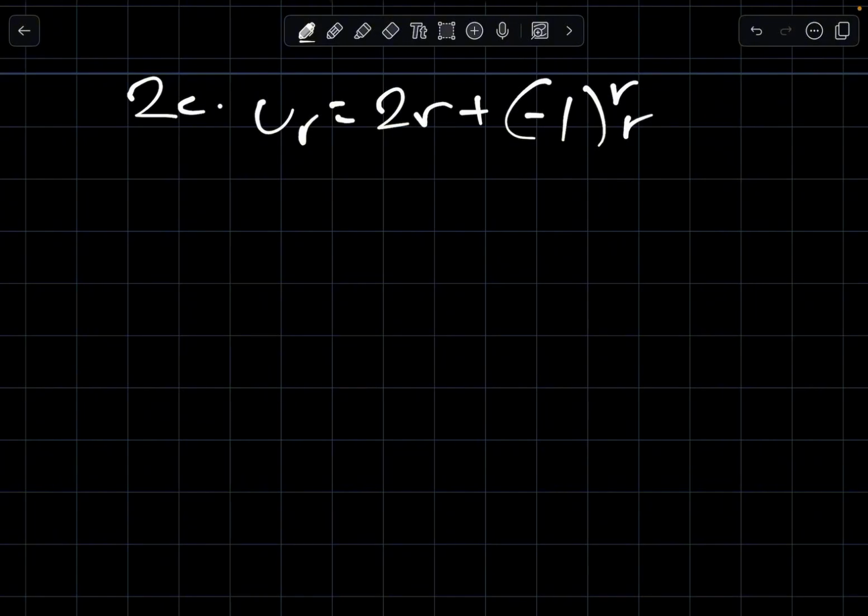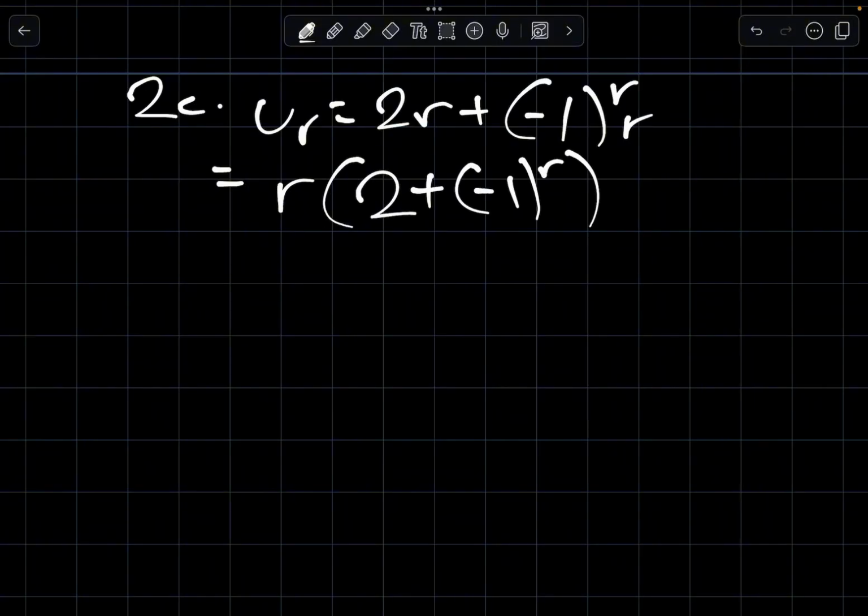We can end up simplifying this term into r, because we can take the r out, times 2 plus parentheses -1 to the power r, and then another parentheses. So this doesn't really solve it yet, but it does make it a bit simpler to look at. So now we just need to plug in 1 through 5 here.